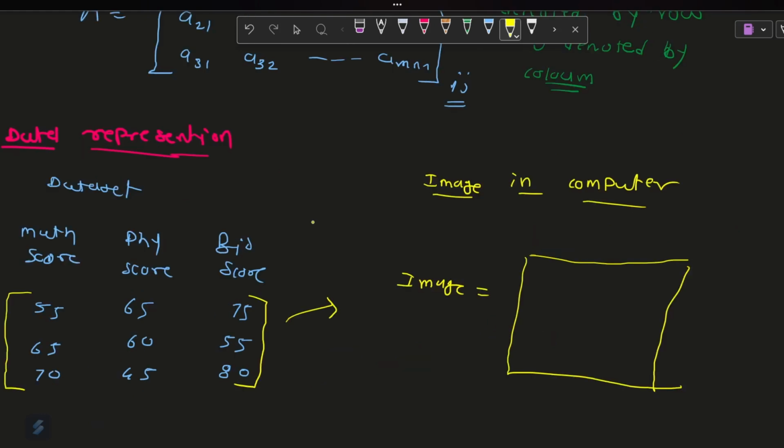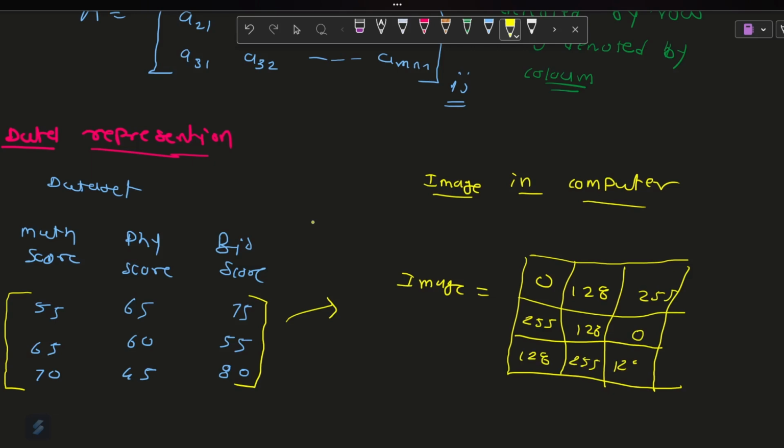That's the image. Sorry for the wrong lines, that's not drawn properly. But look at this: 128, 255. Similarly, we have 255, 128, 0, and 128, 255, 120. These are pixels.